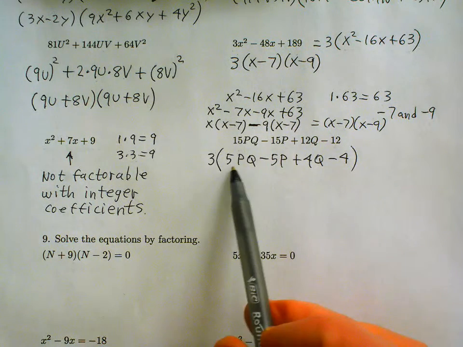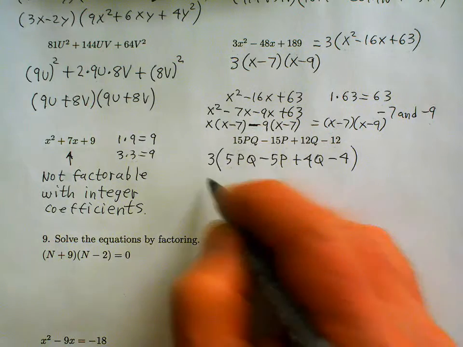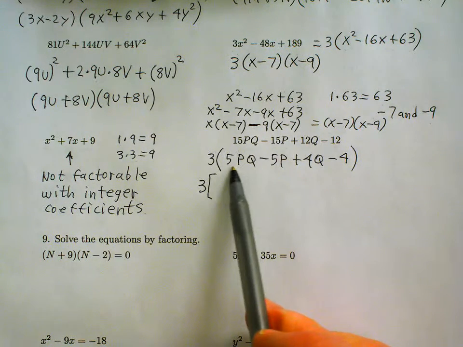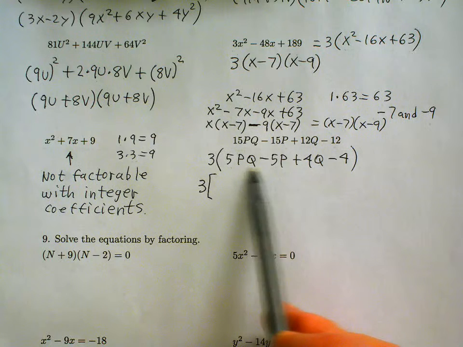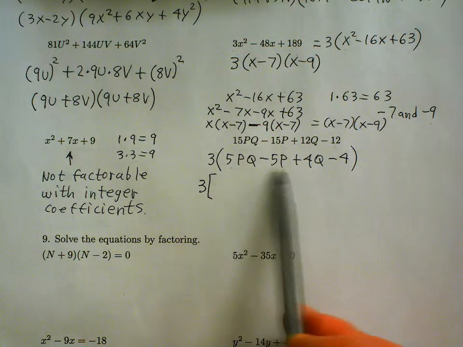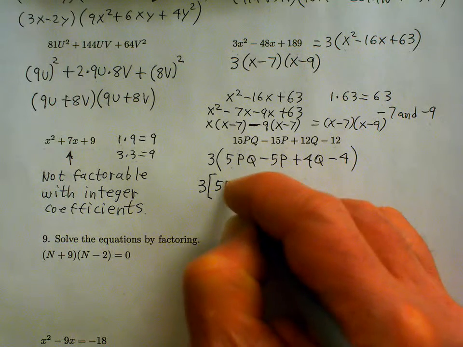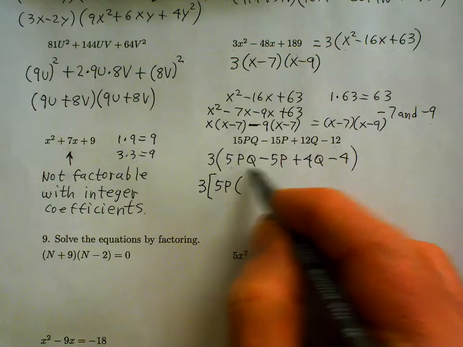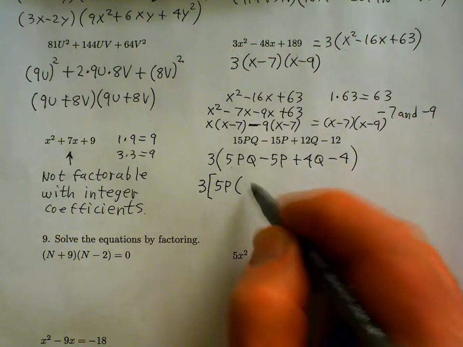Then we'll try to factor by grouping on the inside of the parentheses. So out of the first two terms, 5pq minus 5p, the greatest common factor is 5p. And when we factor 5p out of both, we get q minus 1.